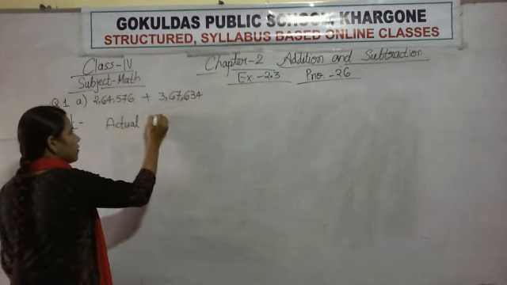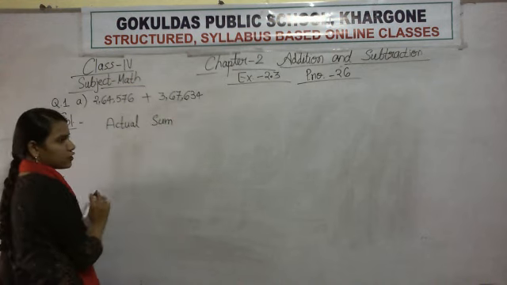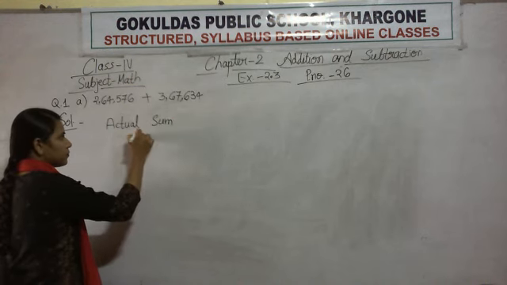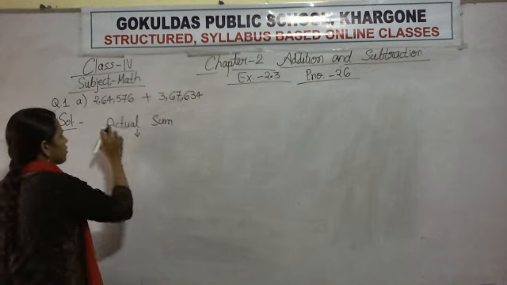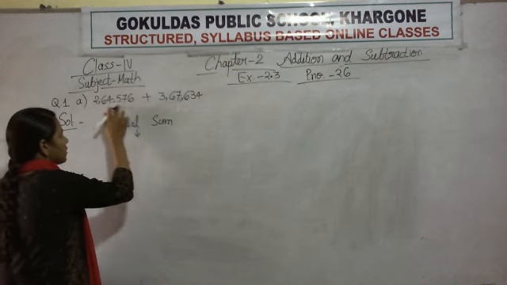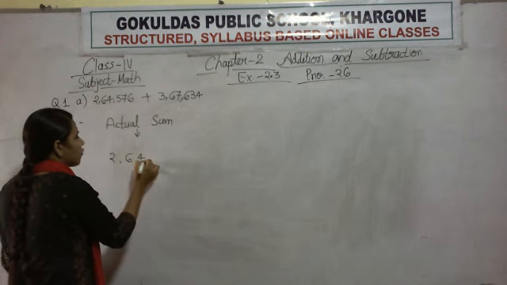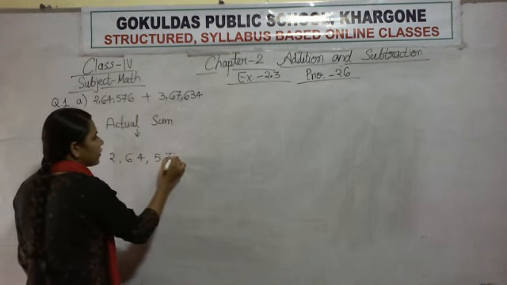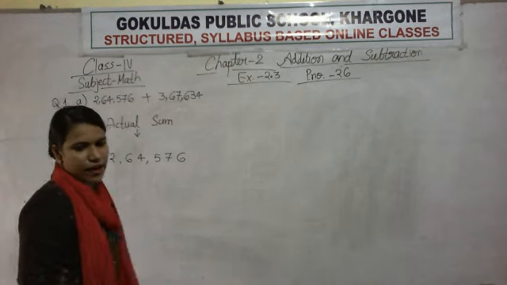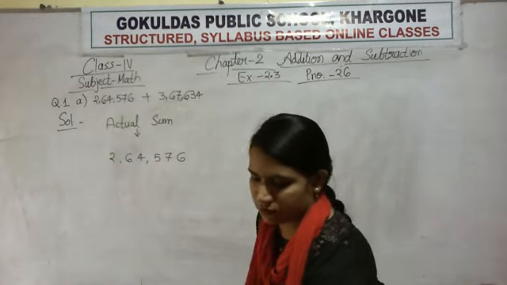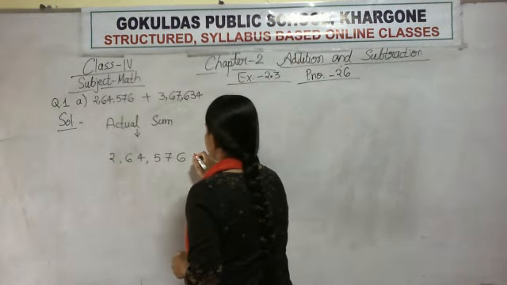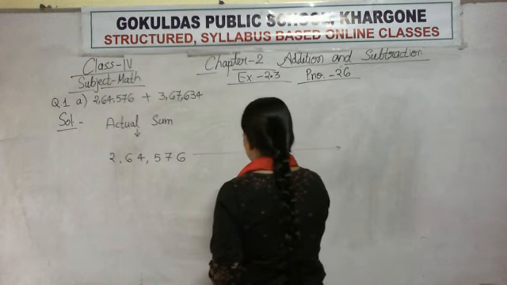Actual sum I am writing here. Here you will show the actual sum. So I am writing the first number 2,64,576. Right? Now write its rounded off value.